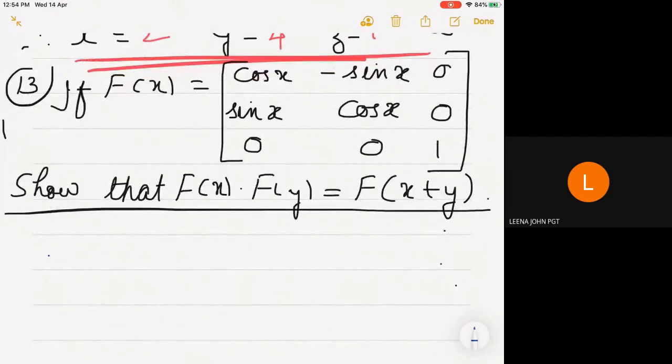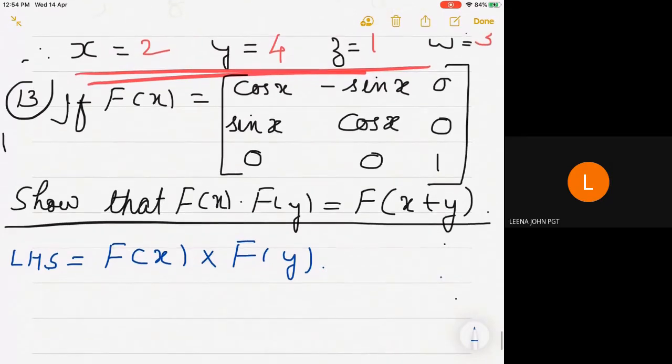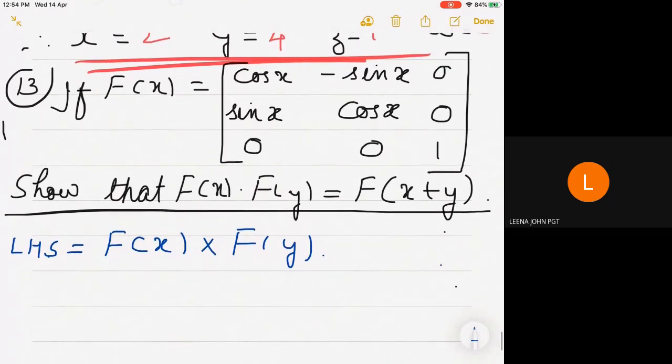So therefore, we take LHS of the equation which is to be proved. LHS is f of x into f of y. You can notice that f of x is a matrix, and you have to now multiply f of x with f of y. F of y will also be a matrix, and how to get that matrix is, to get f of y, replace x by y in f of x.